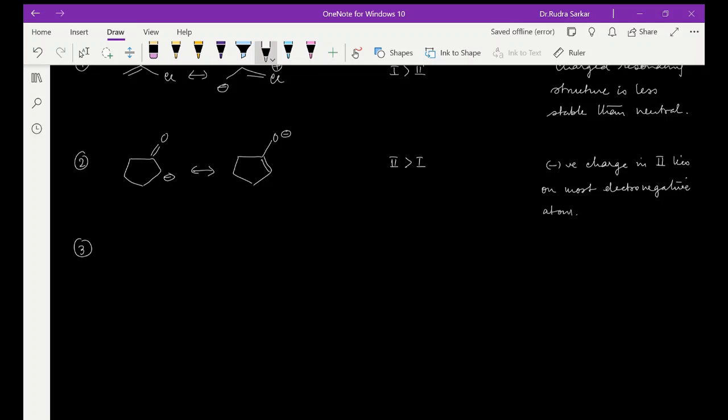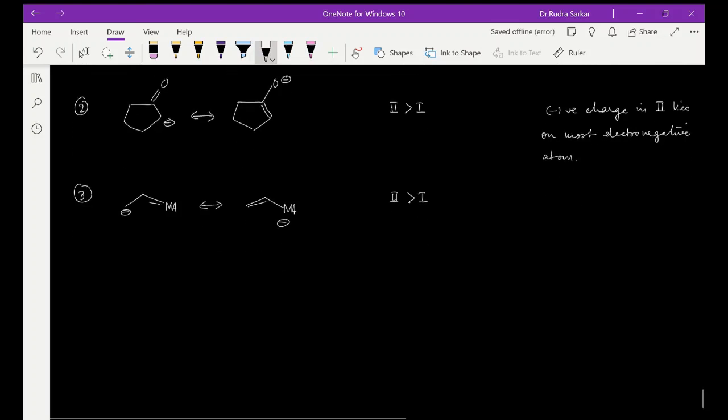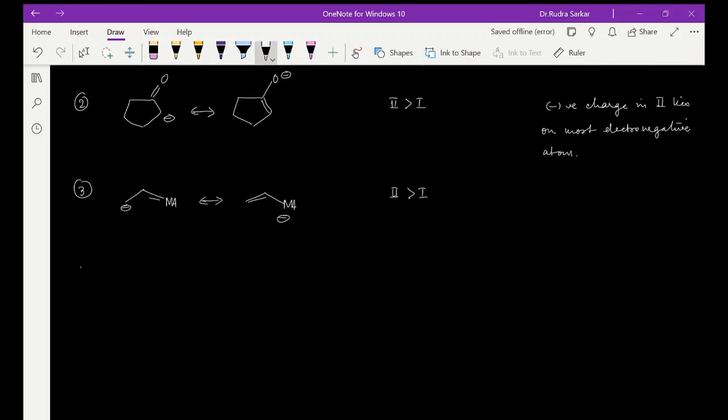Three, again over here 2 is more stable than 1, and we will give the same argument as we had given for number 2.